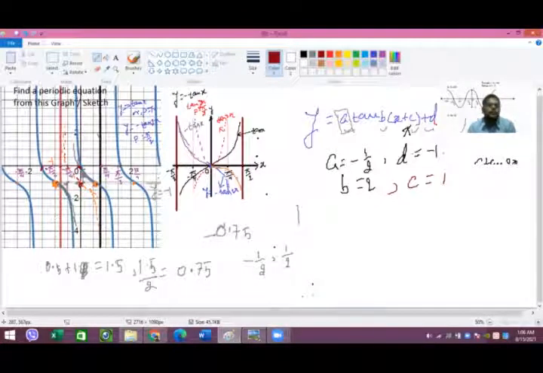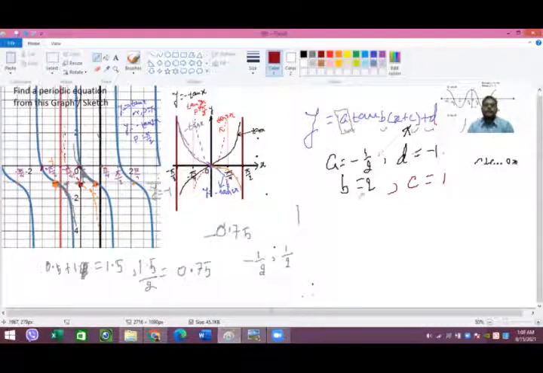If it would be shifted right by 1 unit, then towards the right we write minus that value. But here in this case, originally the graph without C looks like it's over here, and now if you compare these two graphs, it looks as if it has shifted 1 unit towards the left. So if it is shifting towards the left, the C value is +1.